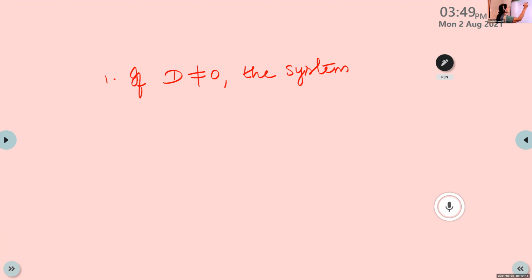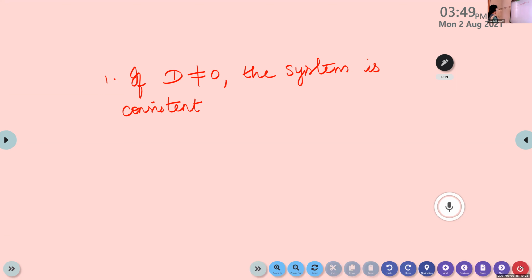What is meant by consistent? It has a solution. Sometimes the solution may be one solution or infinite solutions. It's not a problem, but it is consistent. Consistent means it will have one solution or infinite solutions.